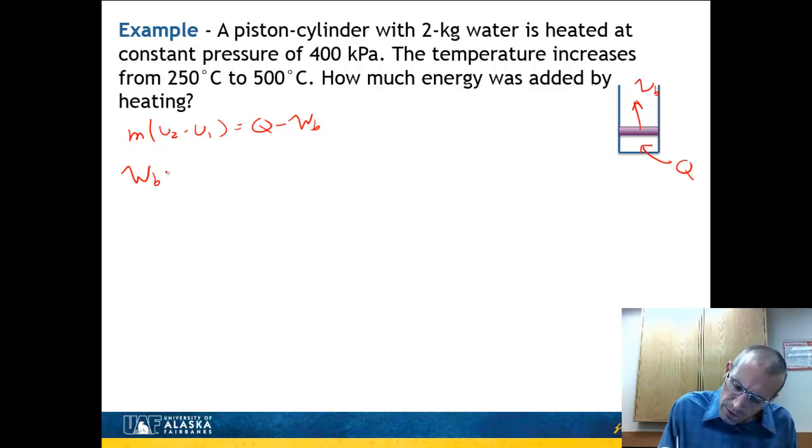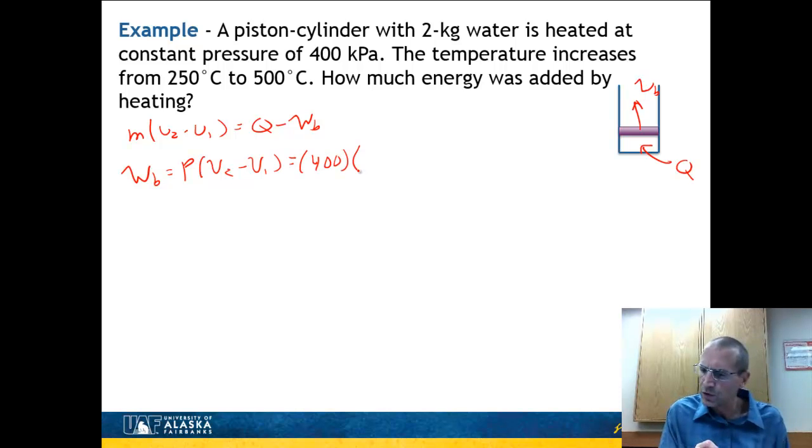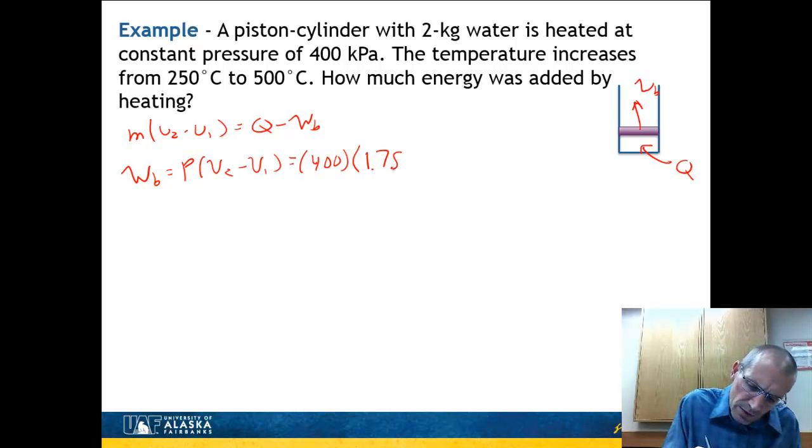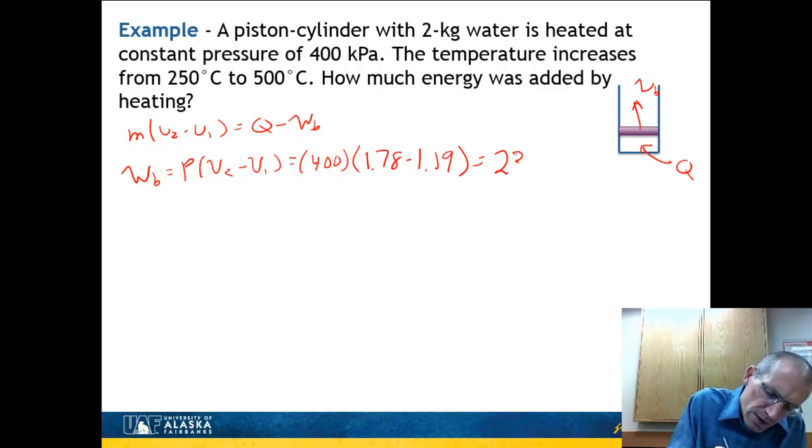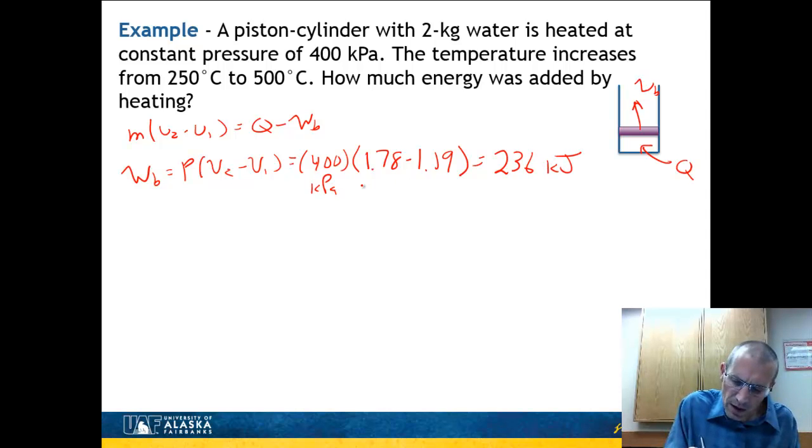So boundary work is P(V2 minus V1). So that's 400, constant pressure, and then there are the 2 volumes I just calculated on the previous slide. So 1.78 minus 1.19, giving me my total boundary work of 236 kilojoules, because the units here are kPa and the units there are meters cubed, so that's going to give me kilojoules.